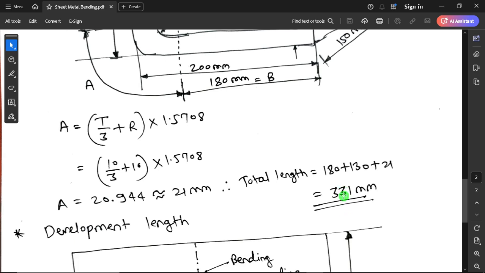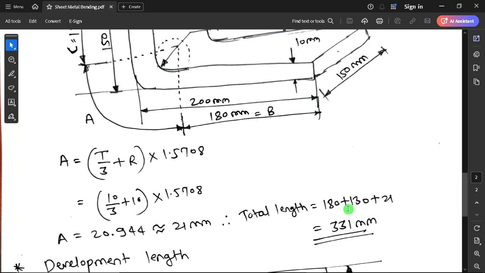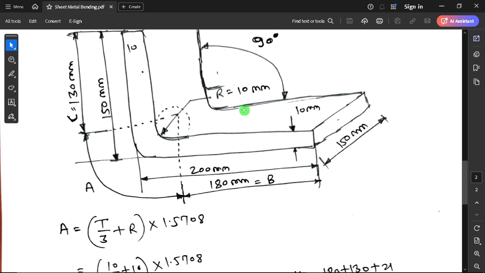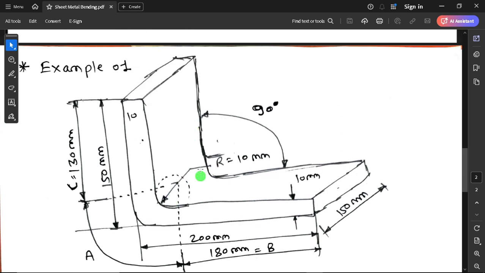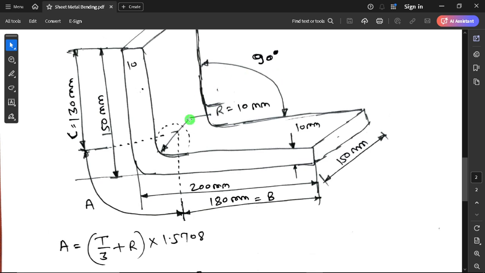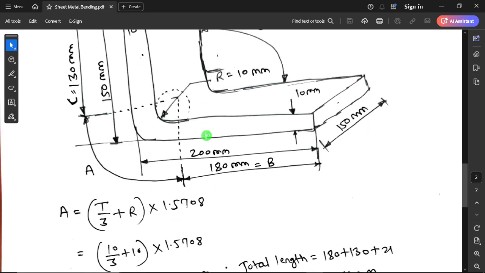So before bending, you have to cut a length of 331 mm by 150 mm to make this object. And the second part is you also have to calculate where to place that bending center line. So before giving it to bending, you have to mention the bending center line distance from any edge, so that the bending operator will create a bend of 90 degrees and you will get this object.